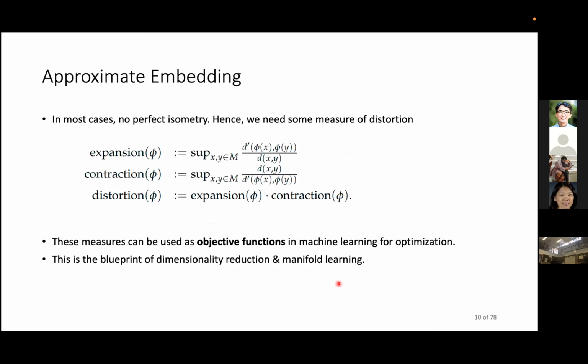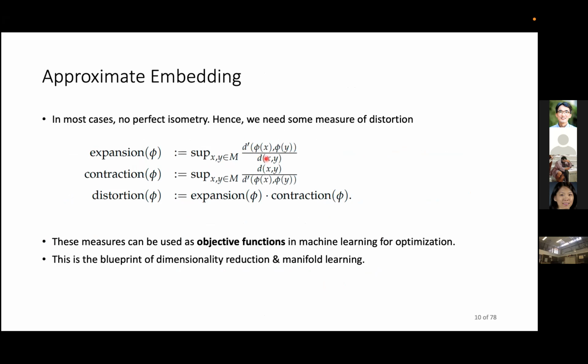So instead of doing exact isometric embedding, normally we cannot do isometric embedding. So we need to have some measure of how good the embedding is with respect to the isometry. This is the notion of distortion. The first one, expansion, is basically the new distance over the original distance after embedding.